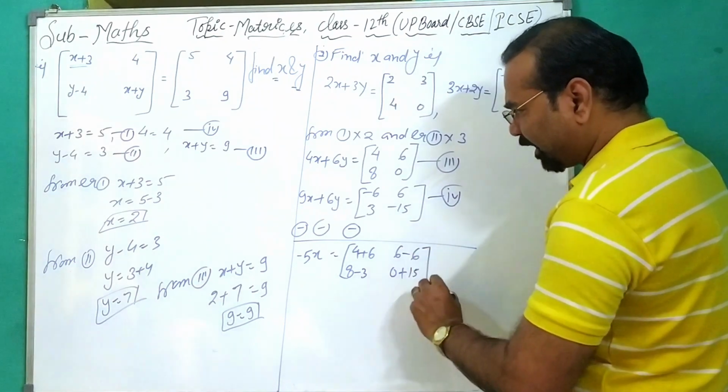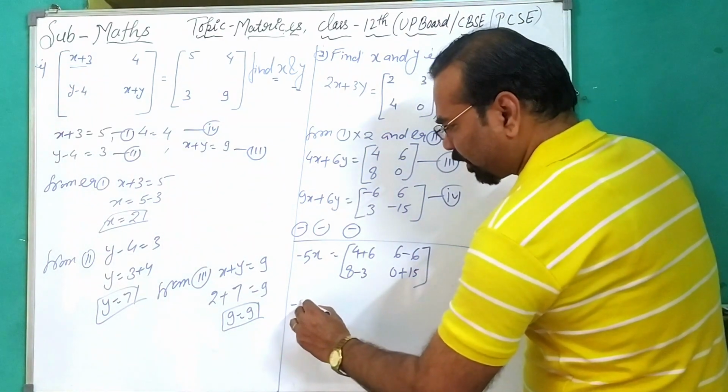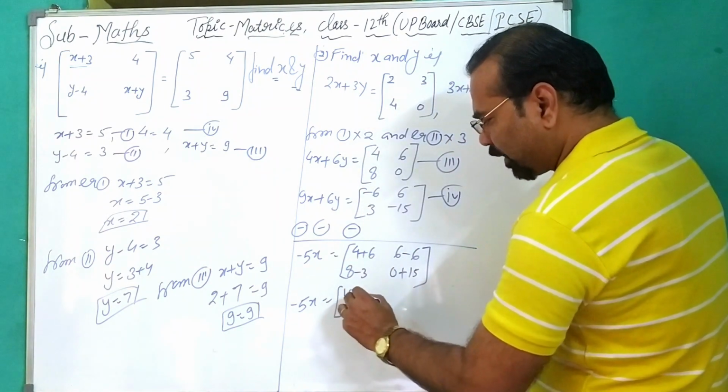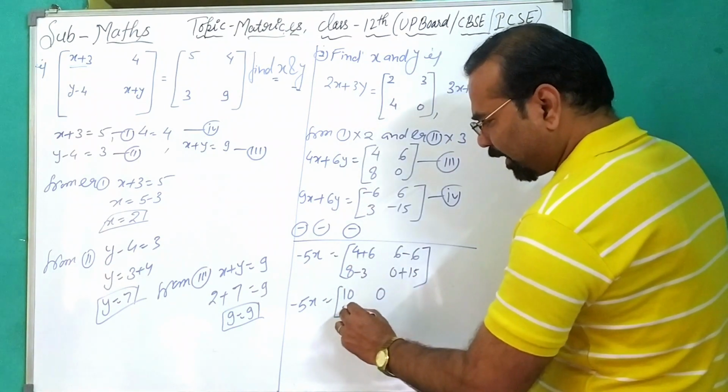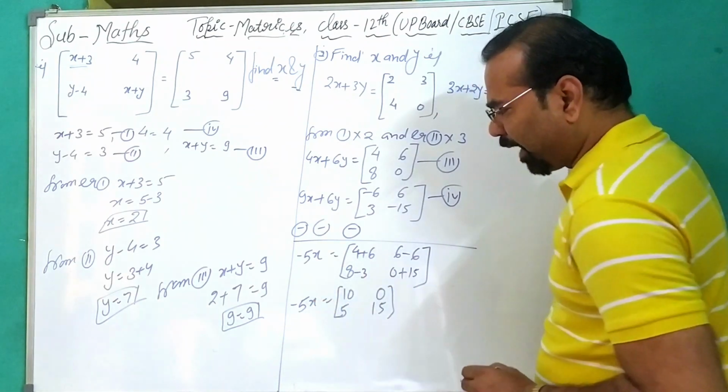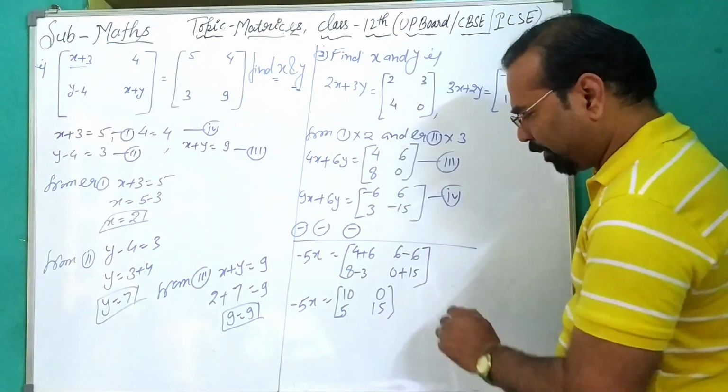Okay students, any doubt? I think कोई doubt नहीं होना चाहिए. Simple है ये. 4 plus 6 what value? 10. 6 6 0. That is also a 5 and that value is 15. We have to divide that value by the 5.